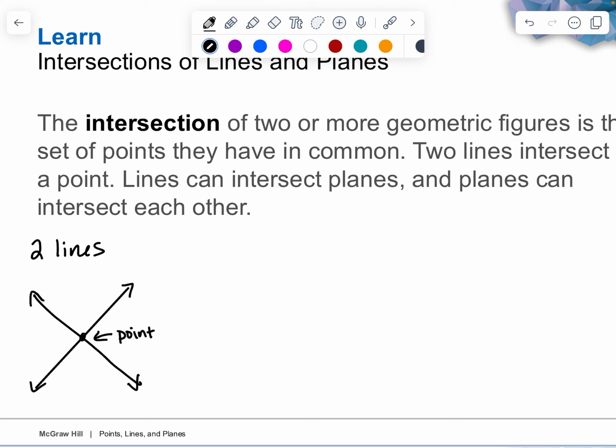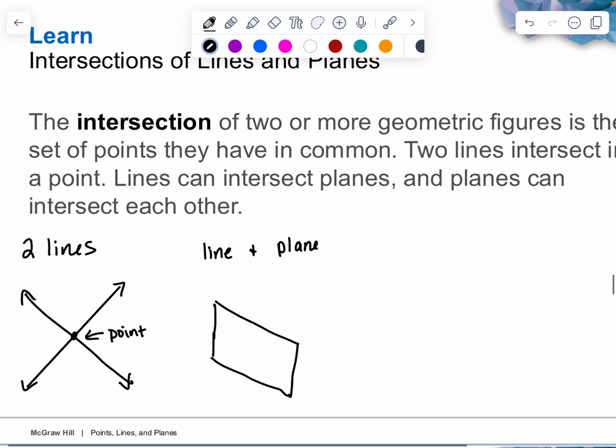Now, if we have a line and a plane, let's see how Mrs. Cruz's drawing skills are going to do here. Okay, here's a plane, and we're going to draw a line down through it, and it goes down through the plane. When we see the dashed, that means it's gone through it.